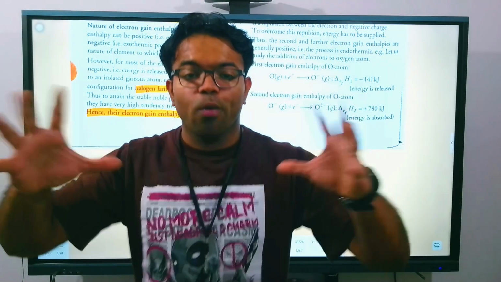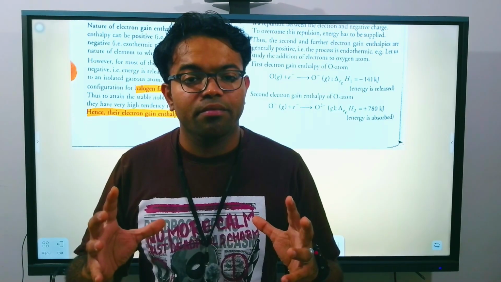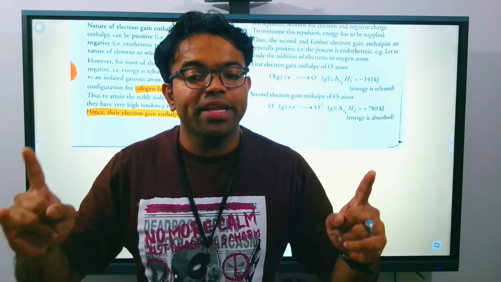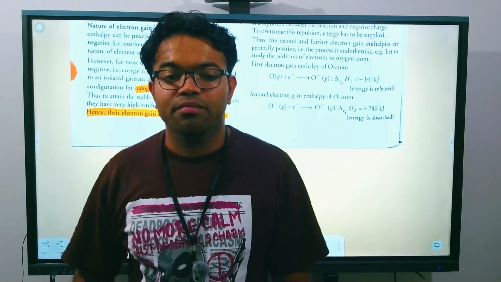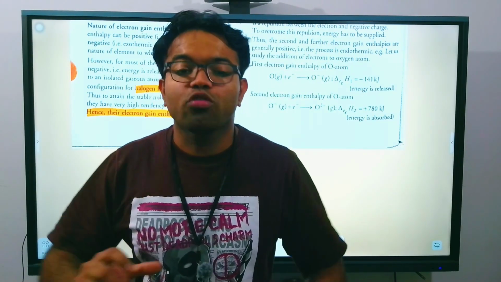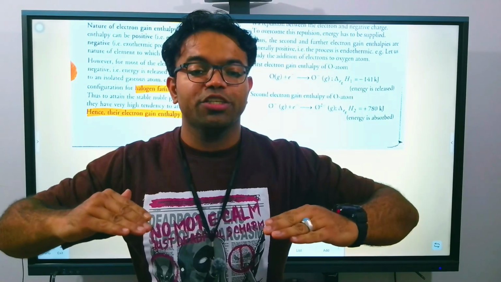So the overall atom has become more stable now. More stability means it is at a lower potential energy. It was initially at a higher potential energy, and now it is at a lower potential energy.